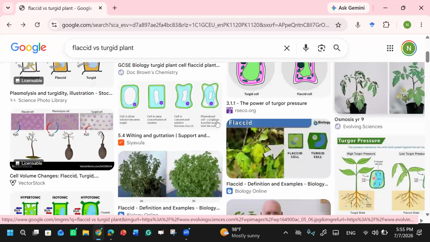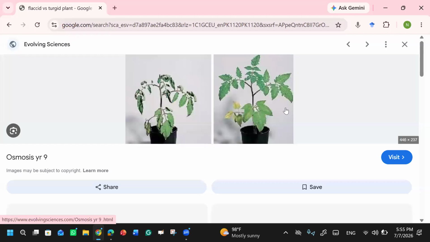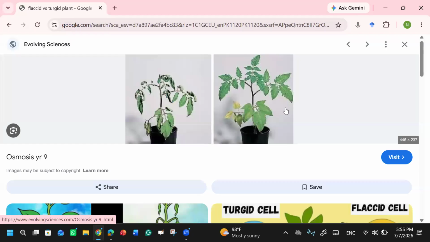Can you tell me which picture is showing turgidity, and which one is showing flaccidity? Left side picture and the right side picture.